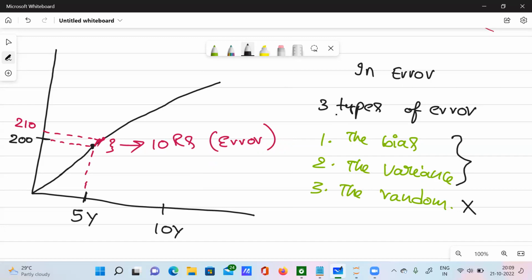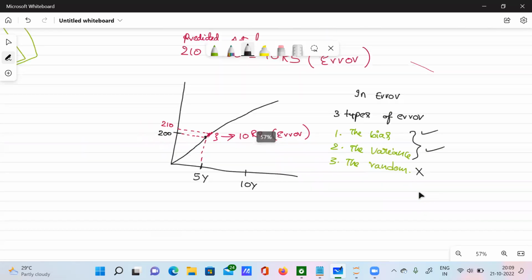We can only control the bias error or the variance error, but we don't have any control over the random error. But why do we need to control this particular bias error and the variance error? Why do we need to do that? I'll tell you.